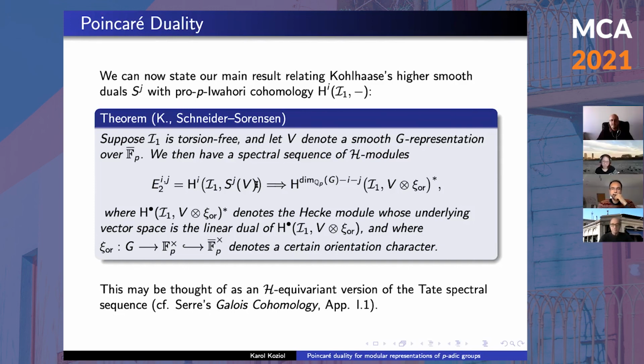Is it known when I1 is torsion-free? Like a precise bound on p? If it's SL2, you need p bigger than 5, or p bigger than 3. Right. So take a general reductive group, how large do you have to take p? If the group is simply connected, I believe there's a bound in one of Totaro's papers.